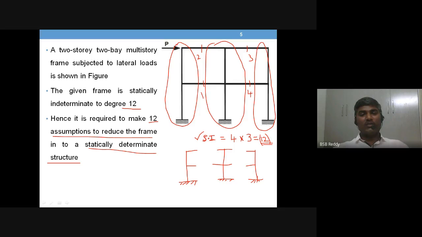So 12 is the indeterminacy value of the given 2-bay 2-storied building frame. We are taking the additional equations as assumptions. If you can make 12 assumptions, then your indeterminate structure will become determinate, and then the solution will become simple. This is what we plan.